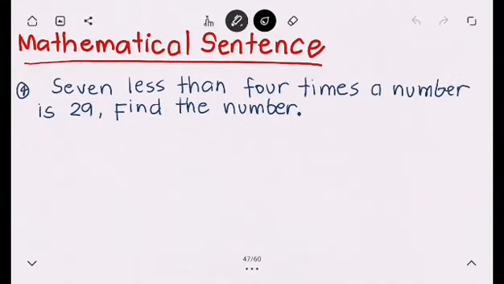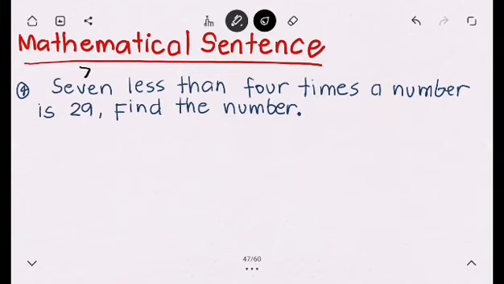Okay, so sa pang-apat nating statement, we have 7 less than 4 times a number is 29. Find the number. Ito yung klase ng sentence na marami tayong classmate na medyo nalilito. Kasi if we're going to analyze the sentence, gagawin nating mathematical sentence. So let's say this is 7.